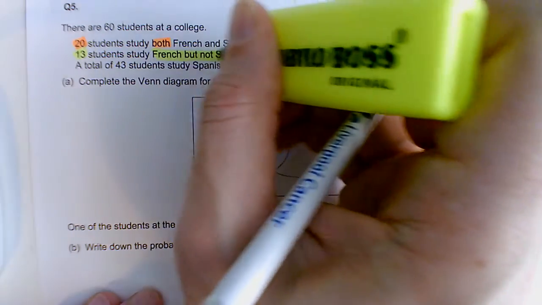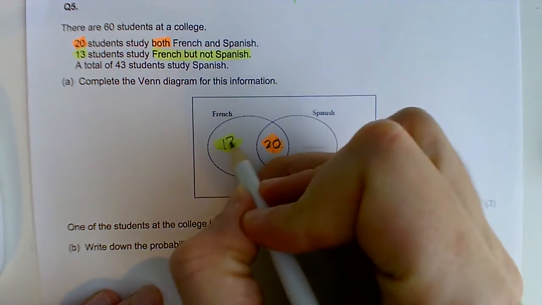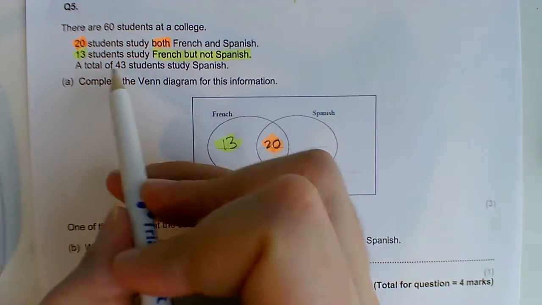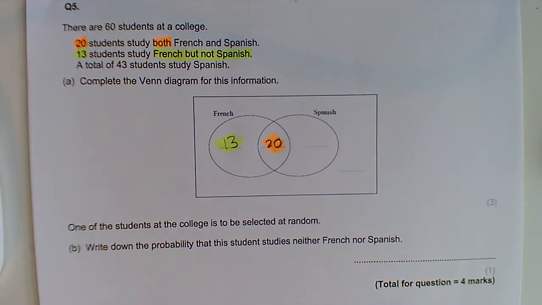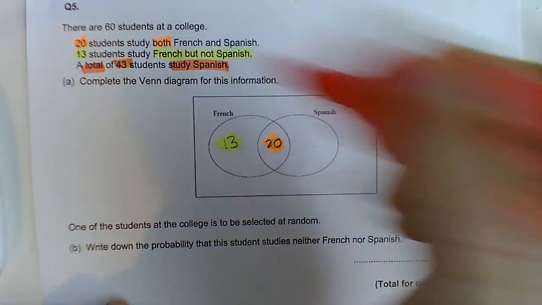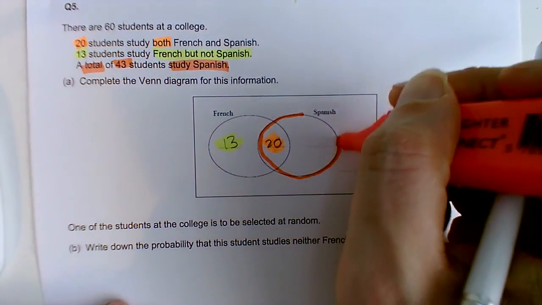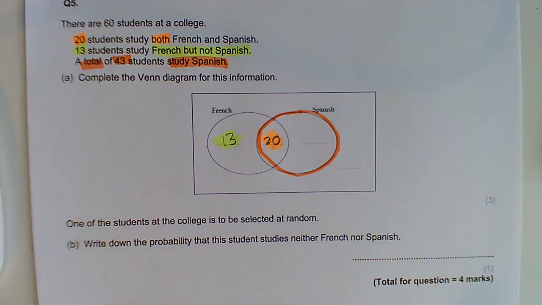That's there. A total of 43 students study Spanish. That means the entire circle there adds up to 43.